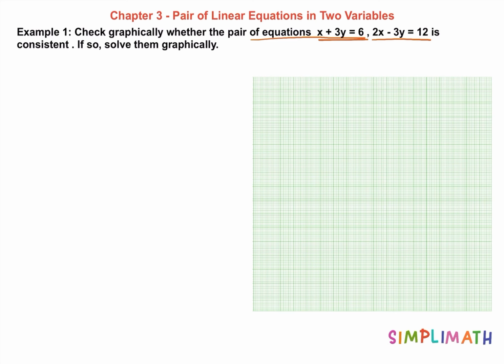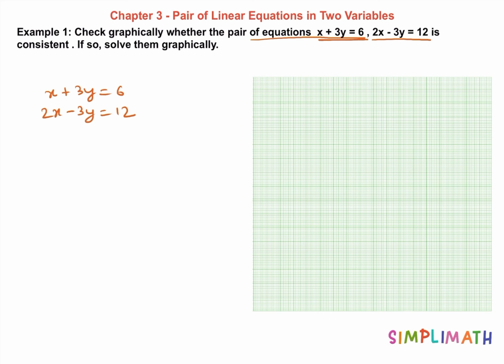Now, first of all, I will teach you one trick so that you don't make a mistake in your exam. So the tip is x plus 3y equal to 6 and 2x minus 3y equal to 12. These are the two equations that we are given.